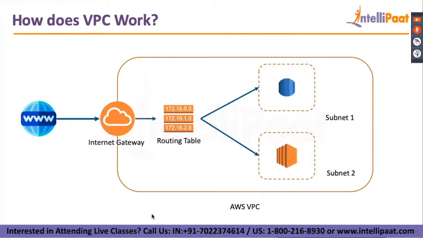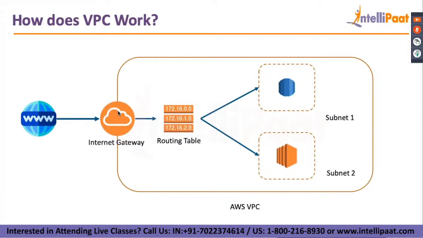And any network or any internet connection which has to come inside this VPC service will have to come in through something called an internet gateway. Okay, so when you create a virtual network, for that virtual network to have internet access, you basically need to create a resource called an internet gateway, and this internet gateway is going to be a single point through which internet requests are going to go out, and internet requests are also going to come in, right?